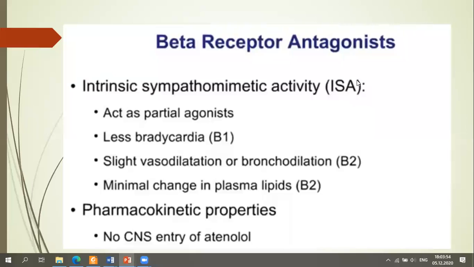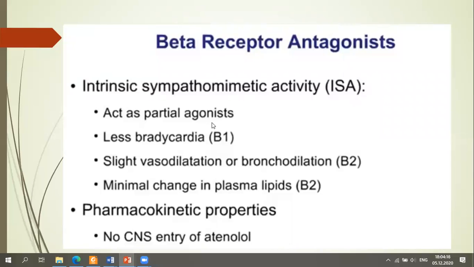Two drugs were used there which had similar properties, acebutolol and pindolol. They show intrinsic sympathomimetic activity too. So what does it mean? ISA means that they can act as partial agonists too.